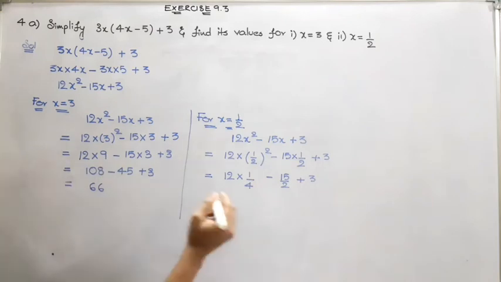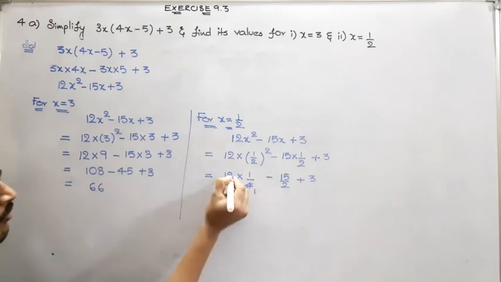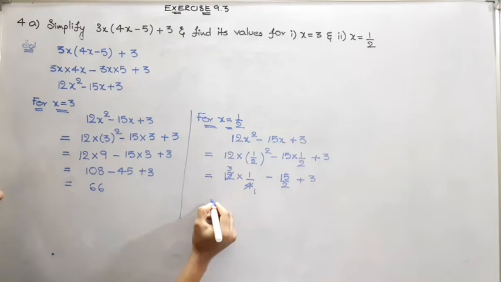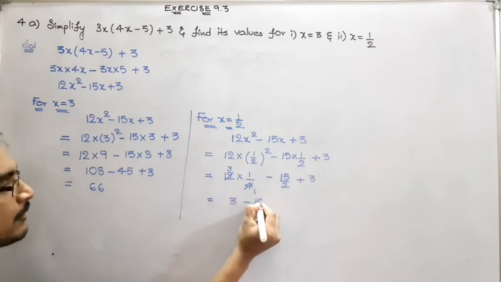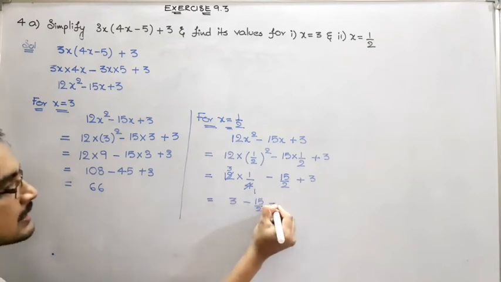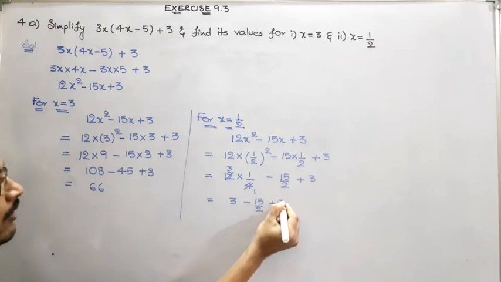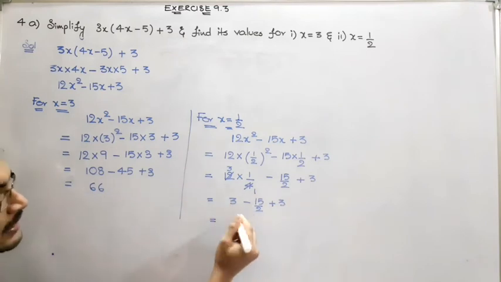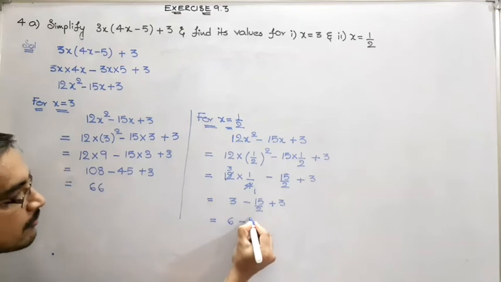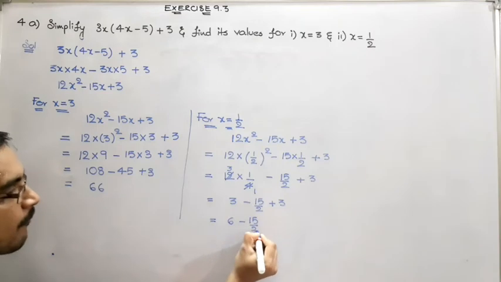Look, 4 ones are 4, 3 fours are 12. So the leftover value is 3 minus 15 by 2 plus 3. Which is equal to 3 plus 3, 6, minus 15 by 2.